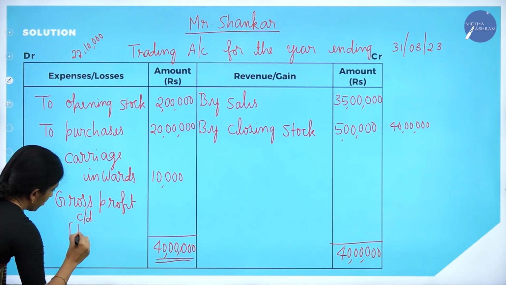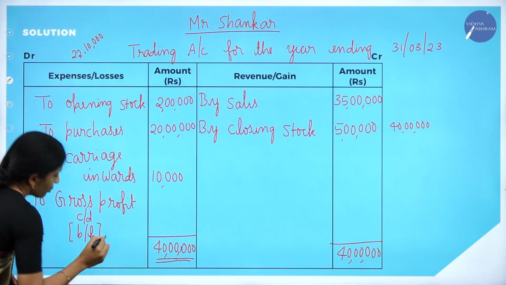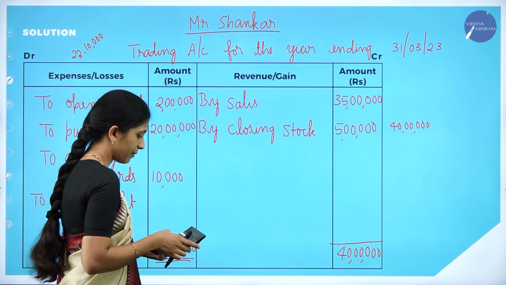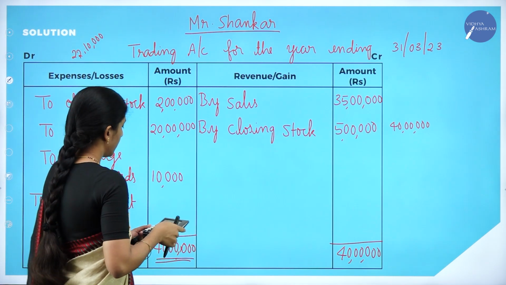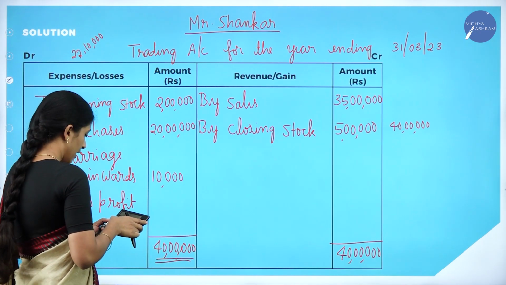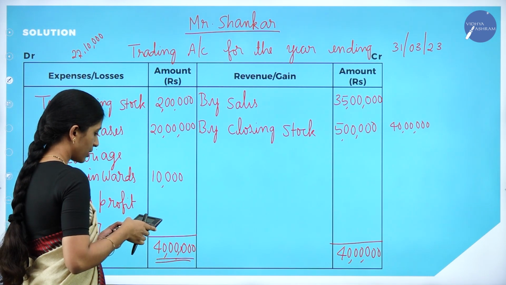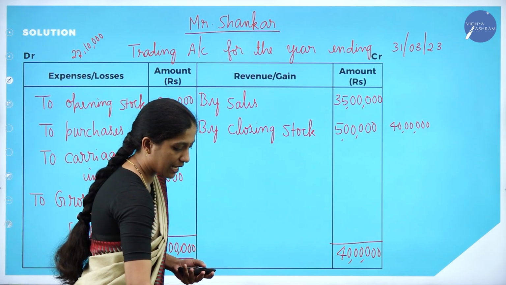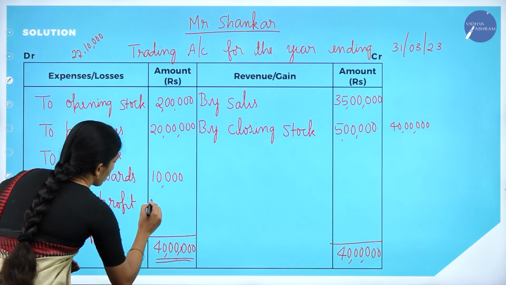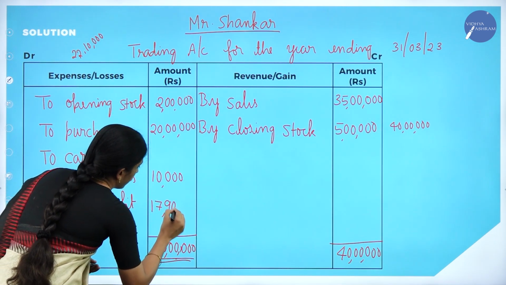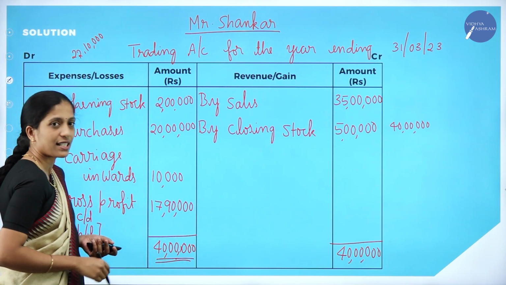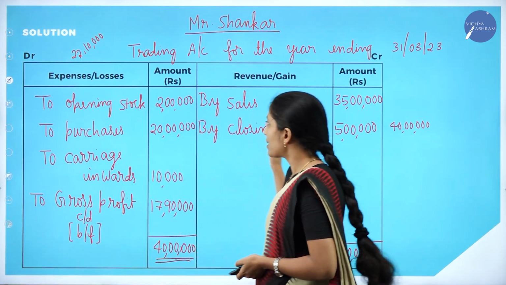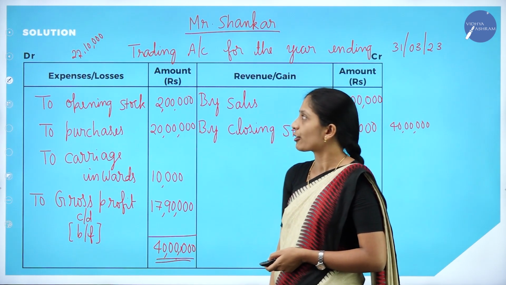How much balance will you get? 40 lakh minus 22 lakh 10,000 is 17 lakh 90,000. This is gross profit. Why is it gross profit? Because your credit side is more than the debit side.